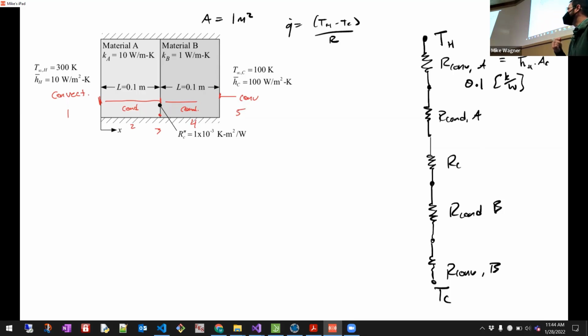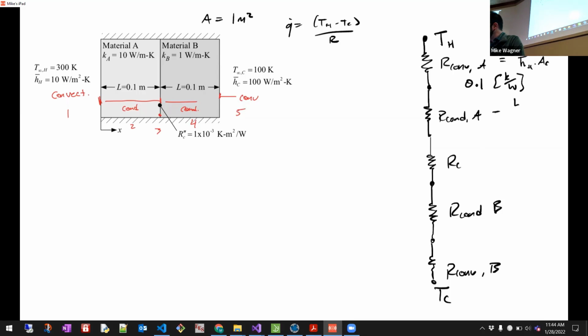Thinking about the units actually makes sense. If you have a resistance, this is telling you how many degrees Kelvin you need across this resistance to achieve 1 watt of heat transfer. All right, so 0.1. Carrying on, then we have conduction.